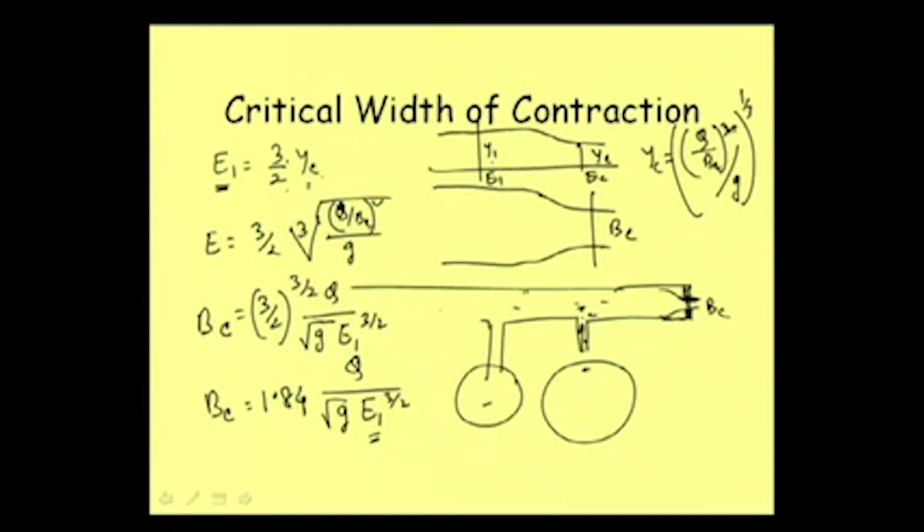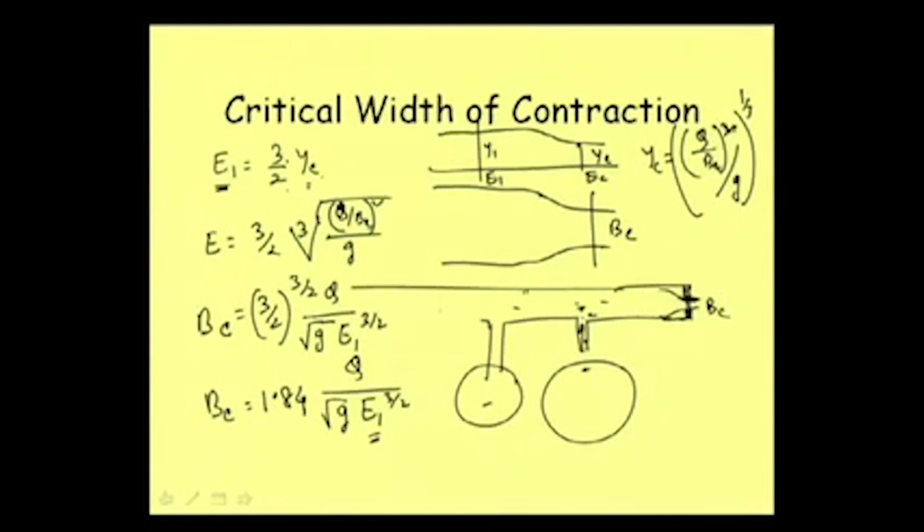Now, at upstream if we measure the Y1, we can always get this value, and of course, in some cases by neglecting the approach velocity, we can simplify this expression further. That means, if we neglect the approach velocity, V square by twice g will become 0, and then we can take this as Y1. So, that sort of simplifications are also done, but basically this is the expression for calculating BC.